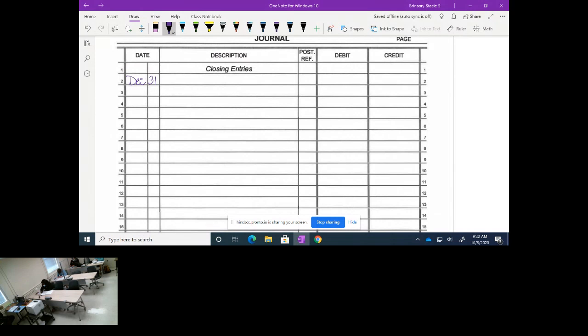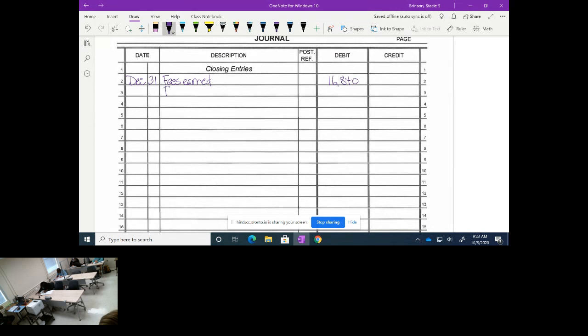So what is the first thing we're going to do? We're going to write fees earned first. What are we going to do with fees earned? Yeah. Debit, how much? $16,840? Is that what y'all have? Okay.